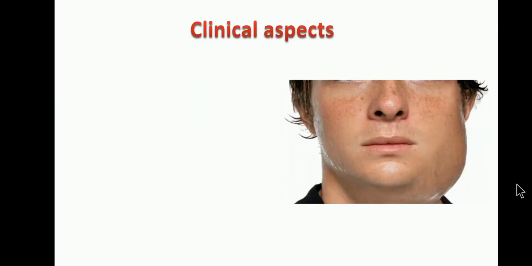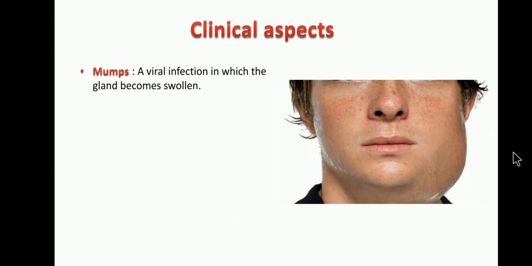Coming to the clinical aspects. Swelling of the parotid gland, which is inflammation of the parotid gland, is most commonly seen in the viral infection mumps. In mumps, the gland becomes swollen.